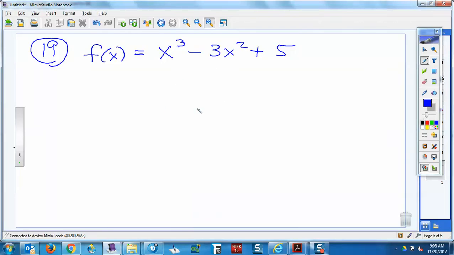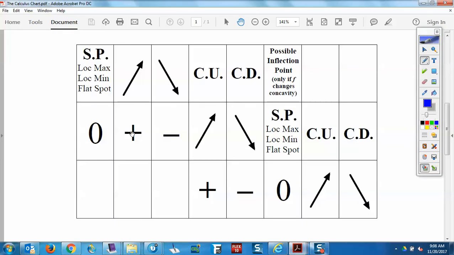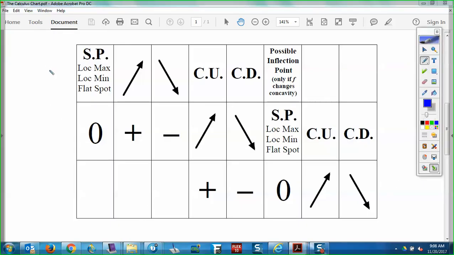Where are we going to look for when f is increasing and decreasing, and where does it have local max, and where does it have local min? When you had a graph of f prime, what did you look at first?